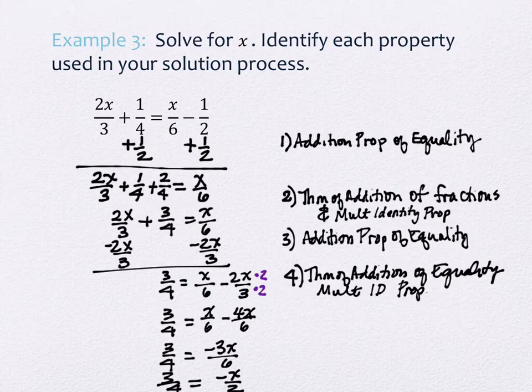Believe it or not, even when we are reducing, that is a multiplicative identity as well, because we're dividing the top and the bottom by the same value, hence multiplying by its reciprocal. So this is another multiplicative identity property. 3/4 equals negative x over 2. Now what?